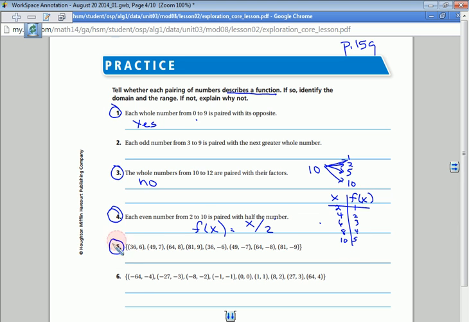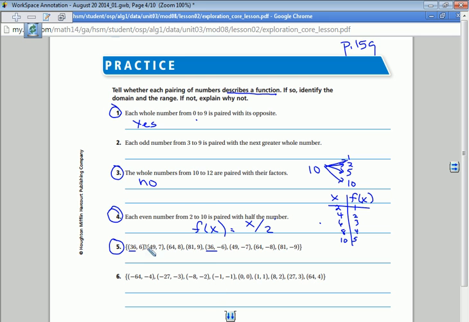Okay, is number 5 a function? Nope. What's wrong? X is repeat. Okay, I'm glad you said that. When we look at a set of ordered pairs, you may have been taught to determine if it's a function, see if your x's repeat. Okay, so that is what we can look for.